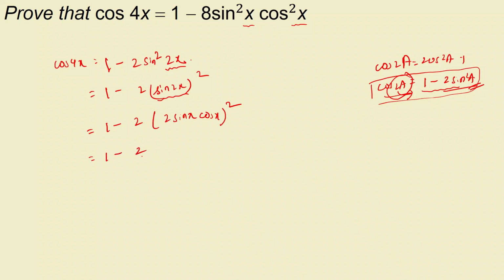And then we put down the square on each and every term. So 2 square is 4, sine square is sine square, and this is cos square x, and then 2 times 4 is 8. So 1 minus 8 sine square x cos square x, which is actually the right hand side. Okay, we are done.